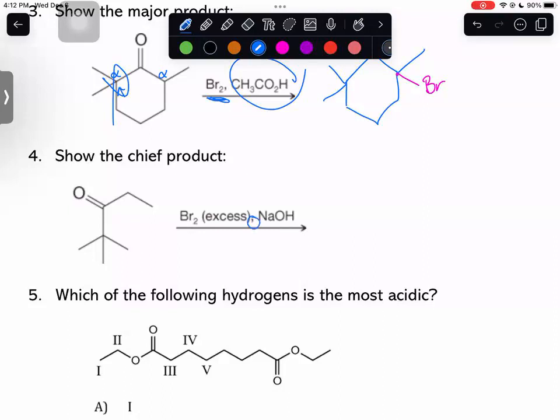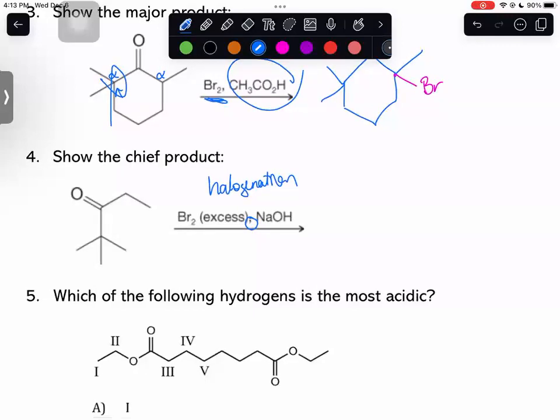We have a little comma right here, so it means that we have excess of the halogen, not of the base. You have to be careful about what's presented on the arrow. If we don't have excess of the base, specifically the base, it's bromine. So this one is not a haloform reaction. It's just a normal halogenation.